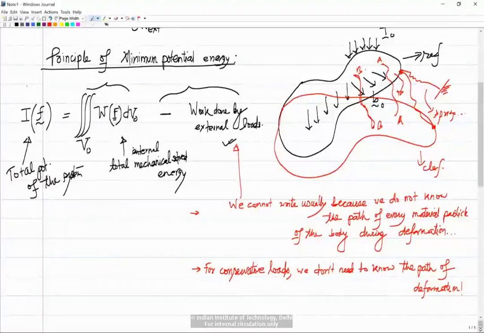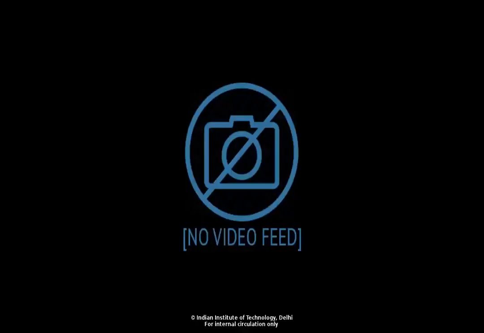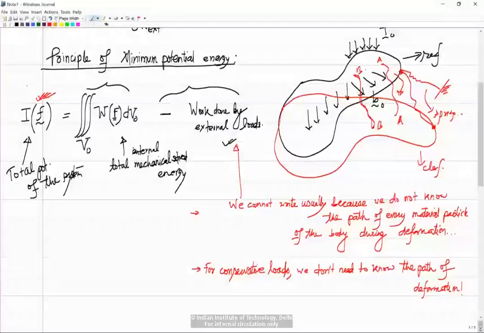Here, when I'm formulating the principle of minimum potential energy, I want to formulate the right hand side just in terms of the small f, that is the deformation which maps undeformed to deformed. So this small f is only from undeformed to deformed for the case of statics.